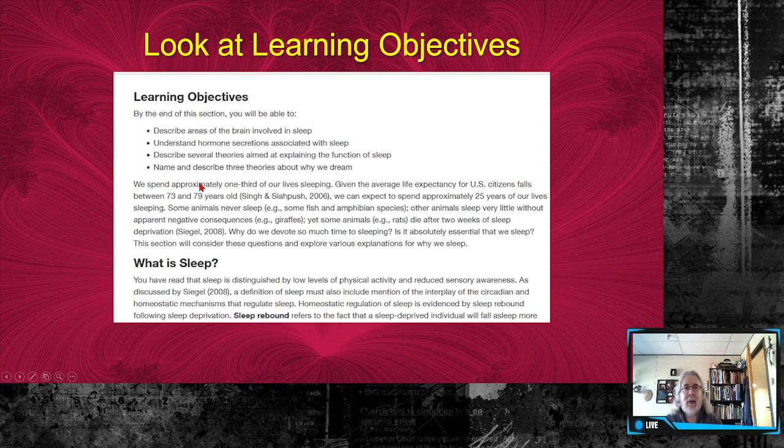So you can think about using learning objectives as a way to test your understanding. You can say, okay, I've read this section, now I want to go back to the learning objectives. Can I do these things? For example, can I describe areas of the brain involved in sleep? Do I understand hormone secretions associated with sleep?